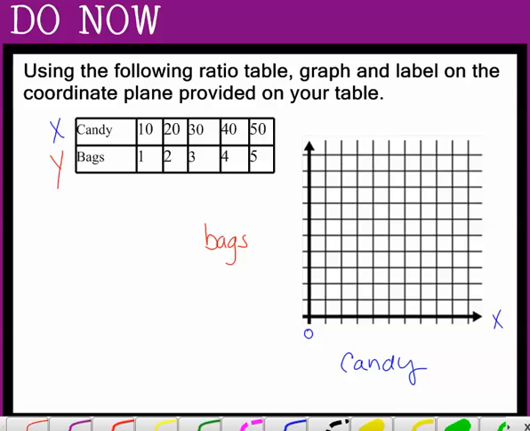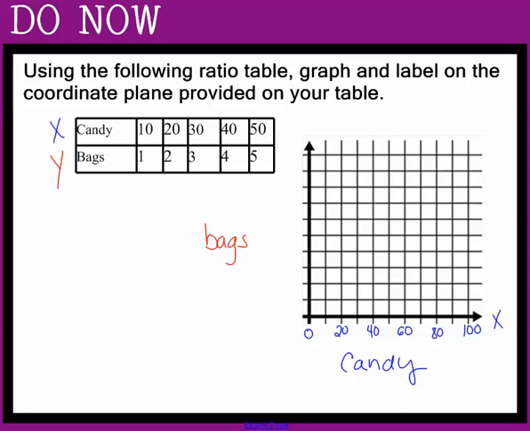So I'm going 0, the first line would be 10, the second line is 20, 30, 40, 50, 60, 70, 80, 90, 100. Okay, so now your scale is still nice and clean. You've got equal intervals or equal spacing in your counting. It's perfectly fine to do. Bags, however, are counting by ones, so let's just use that on our y-axis.